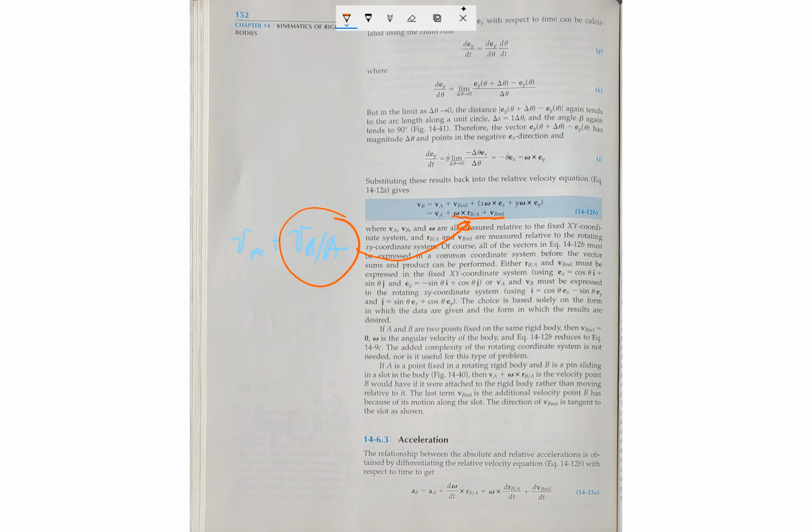The motion of B relative to A has a rotational component now because that object sliding or translating relative to A is also on a rotating object. So that's what this extra term is illustrating: it is still B relative to A, just with an extra little spin to it, pun intended.